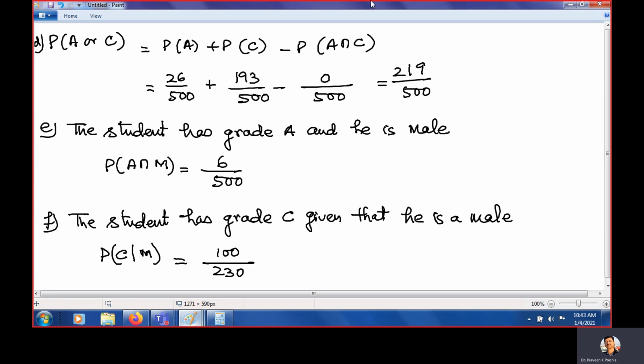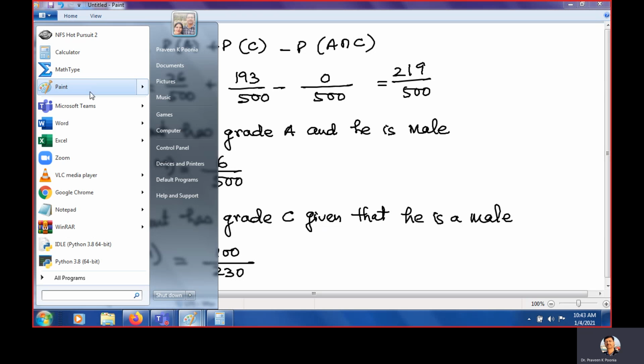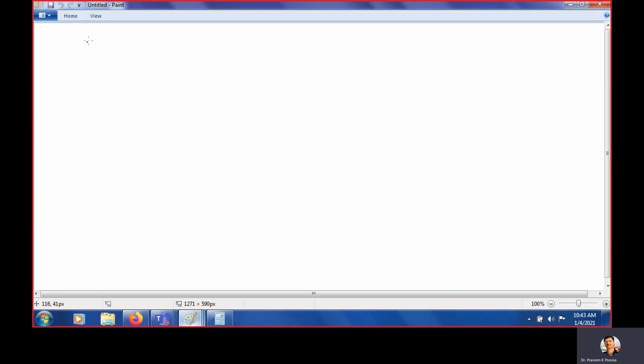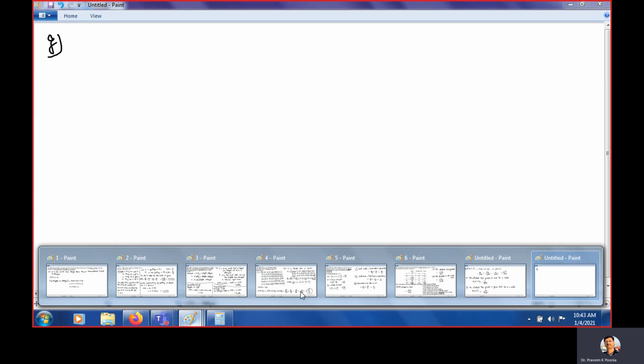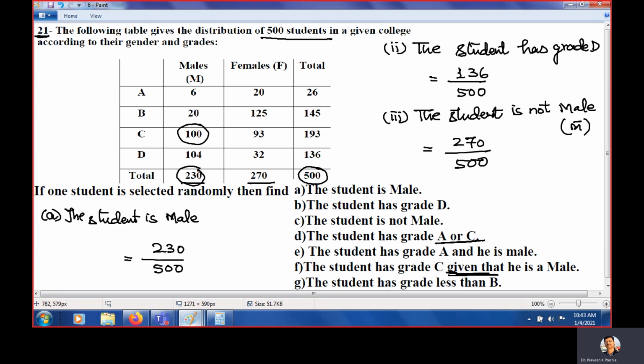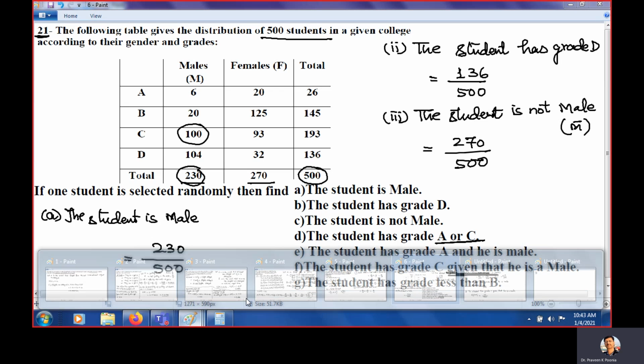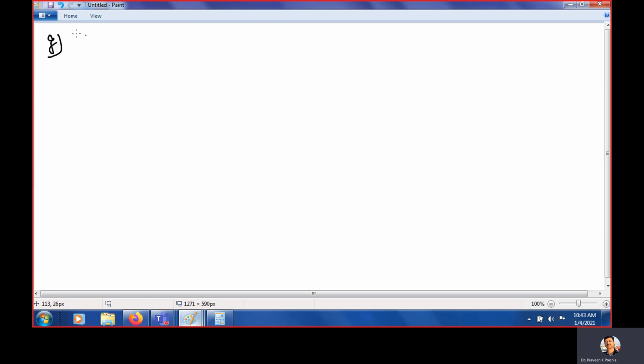And the last question we will take is G. And what is the G? G is the student has grade less than B. That means what?